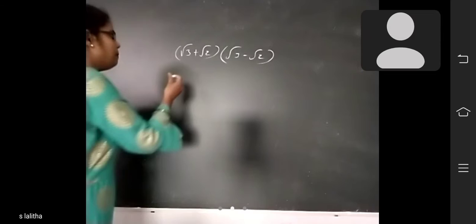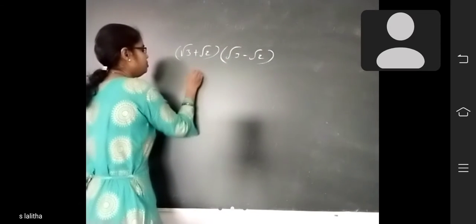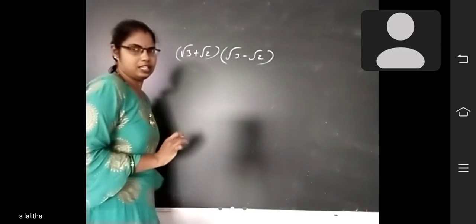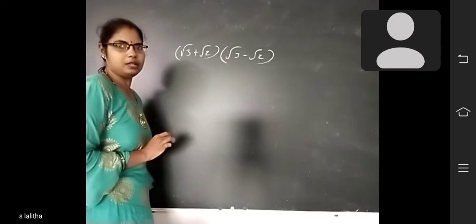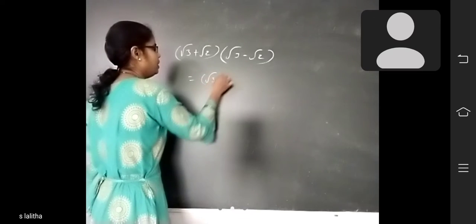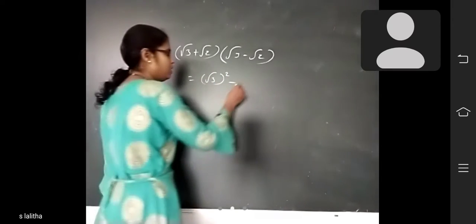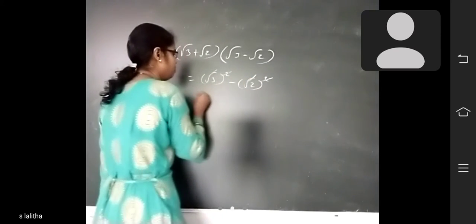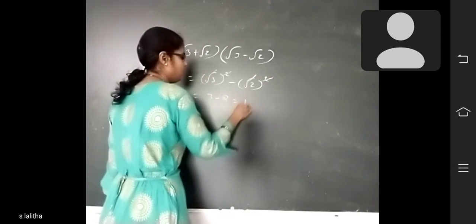It is in the form of a plus b into a minus b. The formula is a plus b into a minus b equals a square minus b square. So a is root 3, whole square, minus root 2 whole square. The square roots will be cancelled. 3 minus 2 is equal to 1.